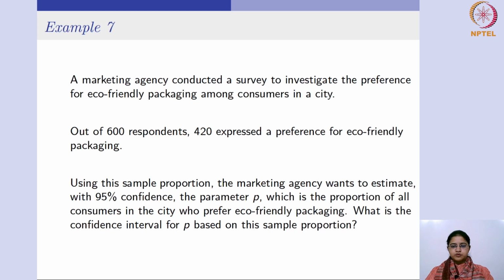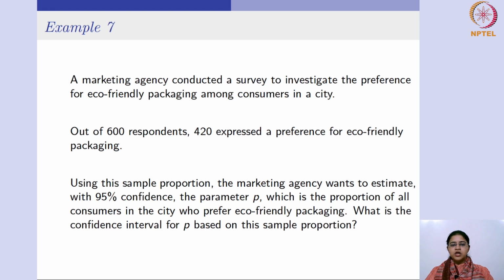Using this sample proportion, the marketing agency wants to estimate with 95% confidence the parameter P, which is the proportion of all consumers in the city who prefer eco-friendly packaging. So based upon the data they have collected from 600 respondents, they want to talk about the proportion of all consumers in the city who prefer eco-friendly packaging. So you want to find out the confidence interval for that population proportion.